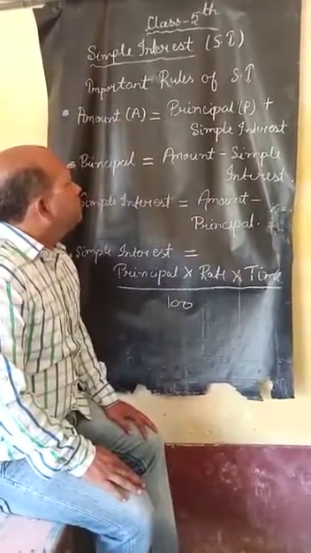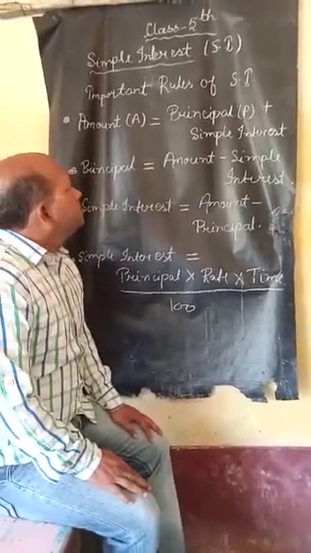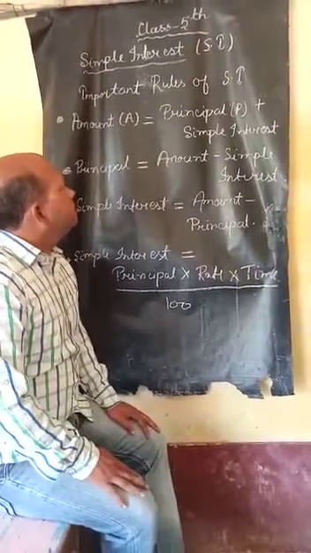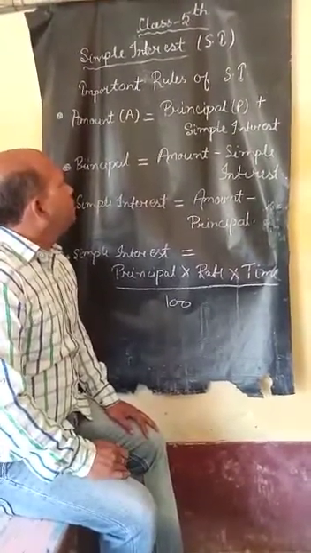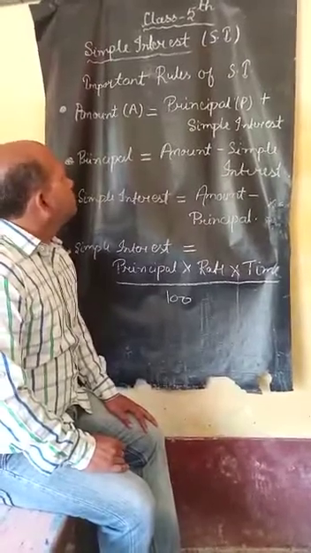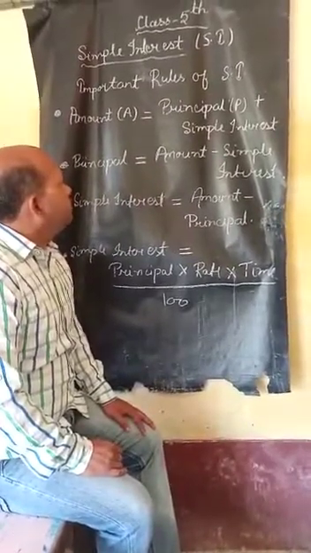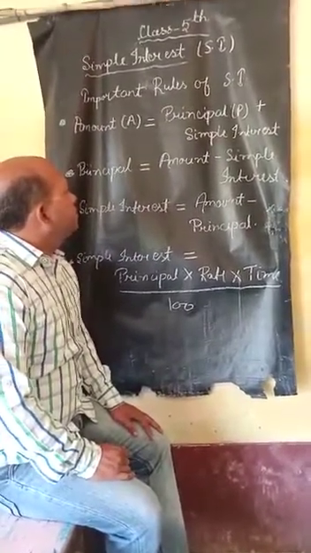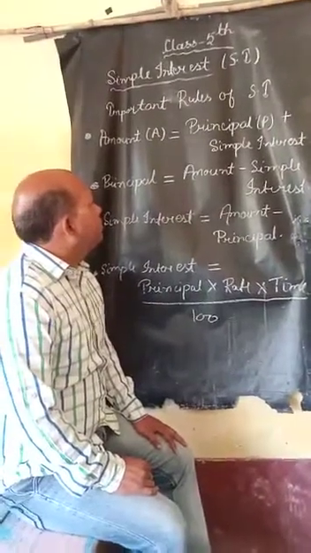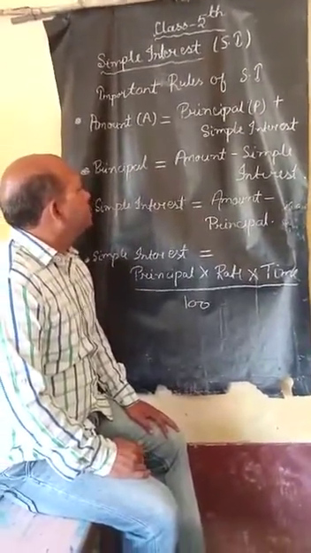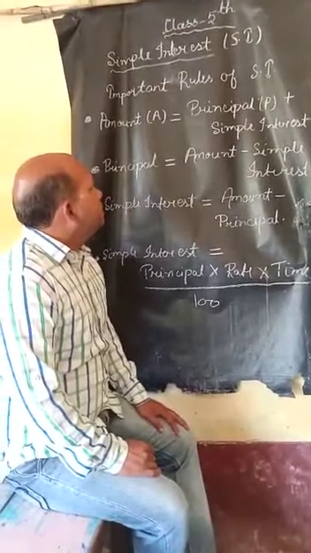That amount, which we give as an extra amount, is called simple interest. When it is paid only on the principal amount or given amount, it is called simple interest.